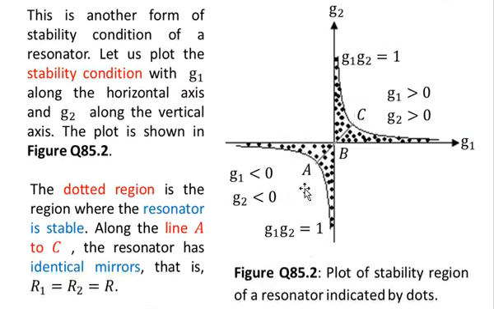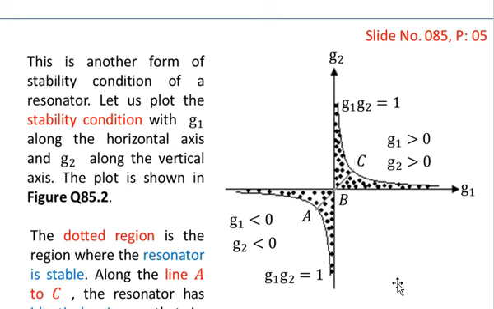So if you choose radii of curvature R1 and R2 in such a way that your point lies on the G1 axis or on the G2 axis, then your resonator will have marginal stability.